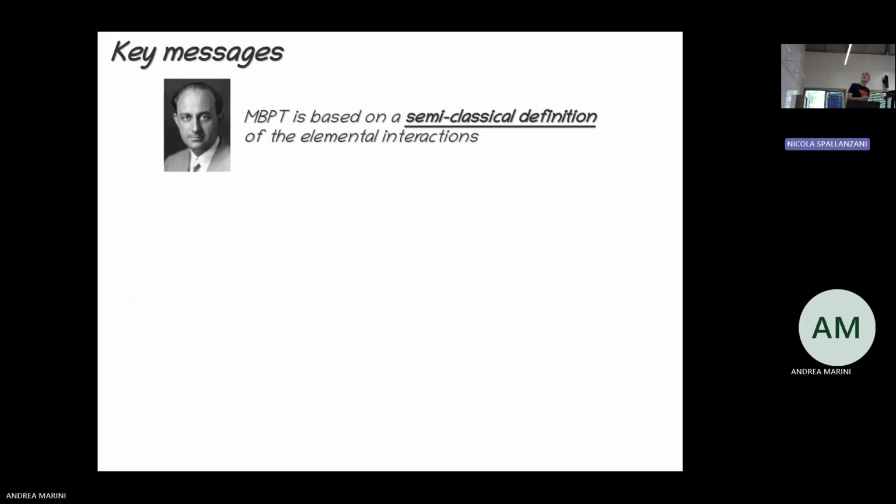Okay, so key messages. Many-body is based on a semi-classical definition of the interactions. This makes many-body, from a formal point of view, much more difficult to study compared to QED. It may appear difficult, but just to convince yourself, take any book about electron-nuclear interaction and look at the Hamiltonian.